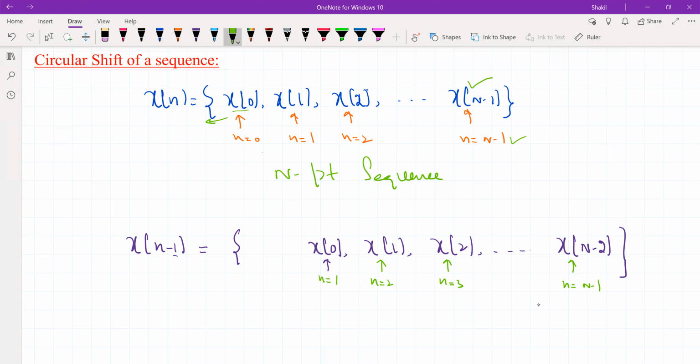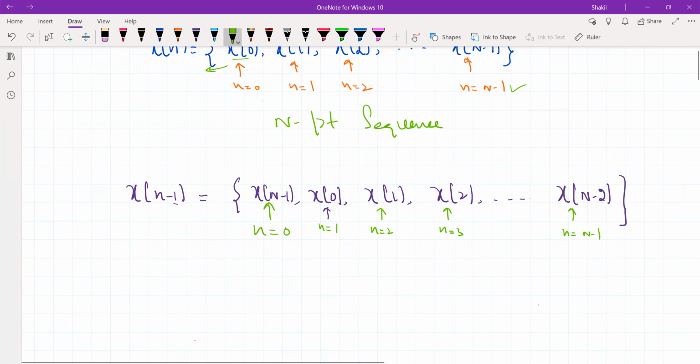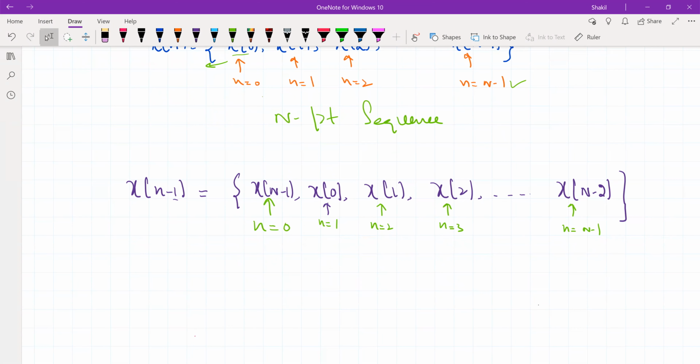So the first point of the signal will now be x of n minus 1, and this is the n equal to 0 point. So we have kept the length of the sequence equal to n here. So this is an n-point duration signal.